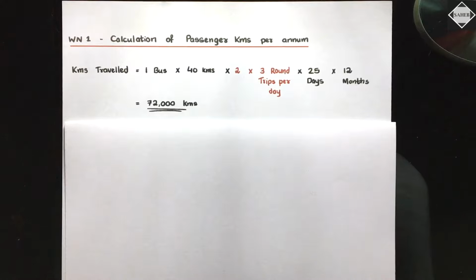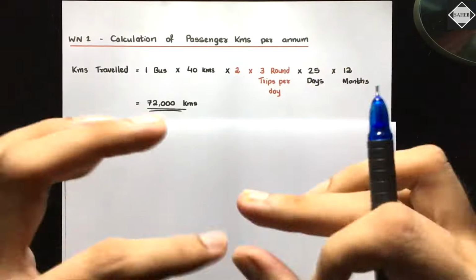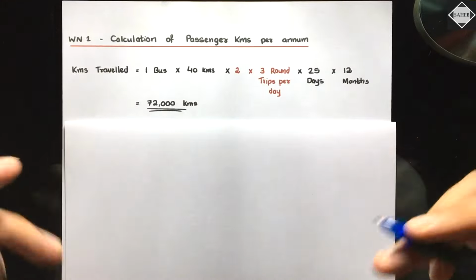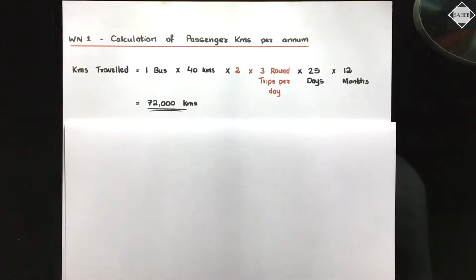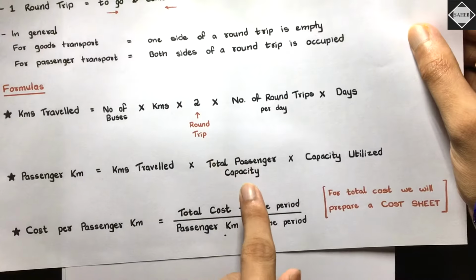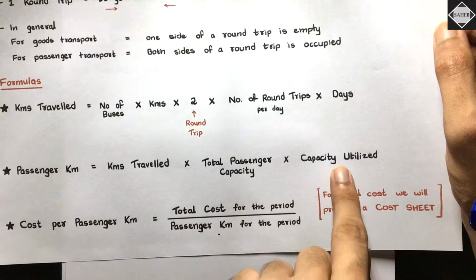Now what do we do after this? Once we get to know that this many kilometers we have traveled in the whole year, then we can easily calculate the passenger kilometers. What we have to do? We have to see how many passengers we carry on an average. Normally we take total passenger capacity, the number of seats in the bus, and multiply with the capacity utilized.